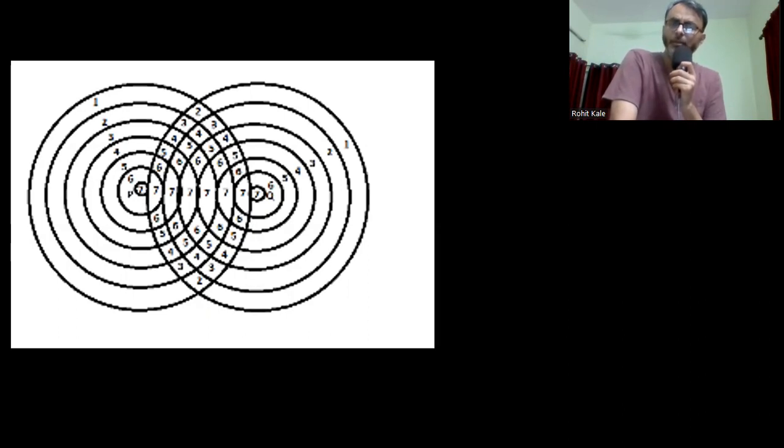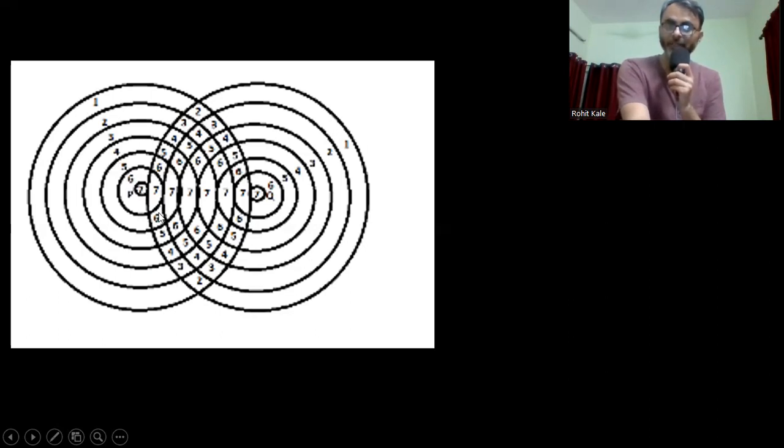So 7 is the hypothetical time dilation. Ideally it should not be linear like this, but this is the hypothetical time dilation we are talking about. There will be slightly less time dilation here, then slightly less here, then slightly less here. We are just trying to figure out what is going to happen.